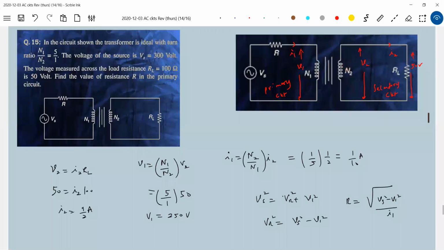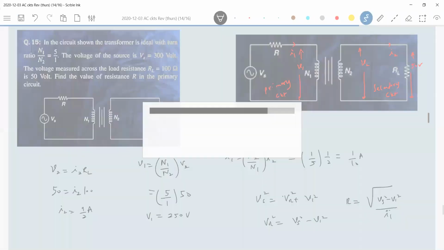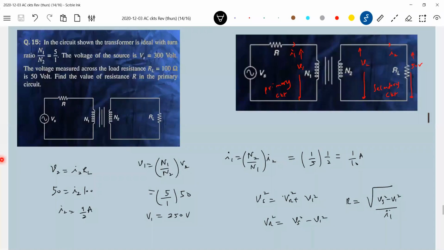Even then, it should be written like this. It can be asked, if not in advanced, then in the final exam.